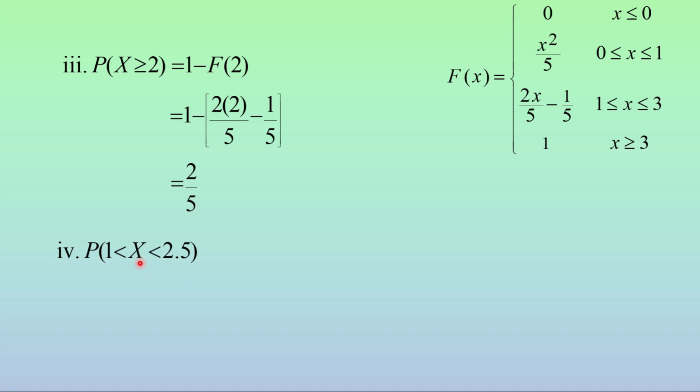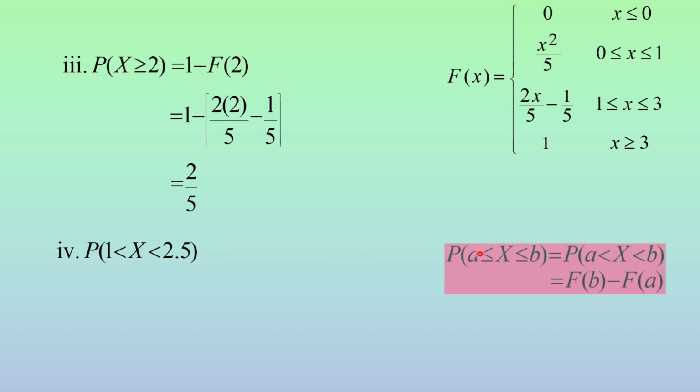Find the probability of x between 1 and 2.5. Note that the probability of x between a and b is equal to F of b minus F of a. So the probability x between 1 and 2.5 is equal to F of 2.5 minus F of 1. To find F of 2.5, let's check in the CDF for x equals to 2.5.